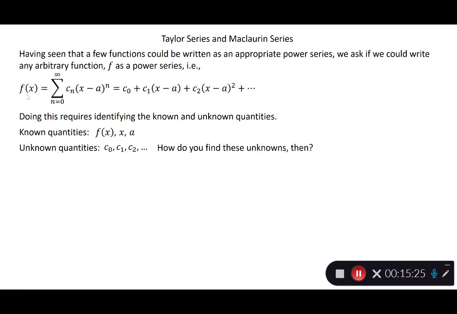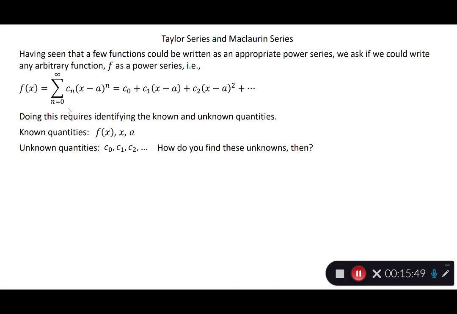Now, how do we find these unknowns then, is the question. Okay. Here is where genius comes from. I can tell you how people find them, but I want to give you guys a chance.